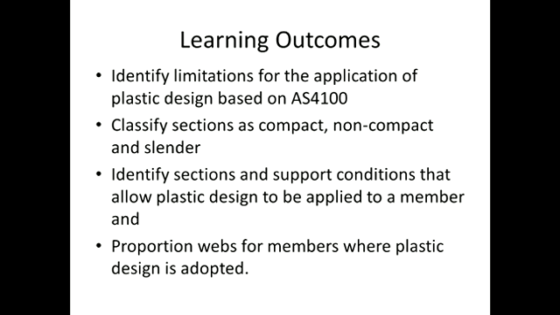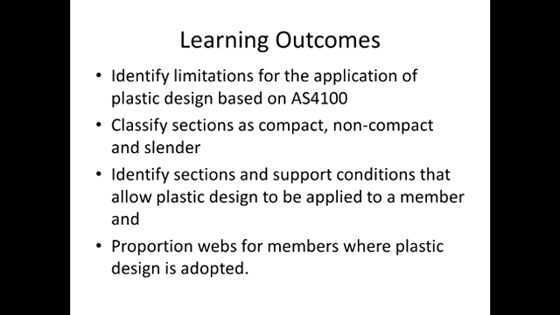So that scope gives you the limitations of what the standard applies to. And so if we also look at plastic design, then we have these limitations for design, based on the Australian standard that we refer to for steel design.